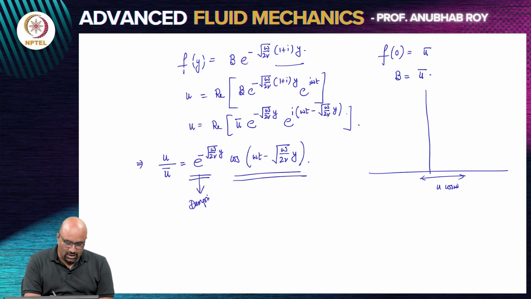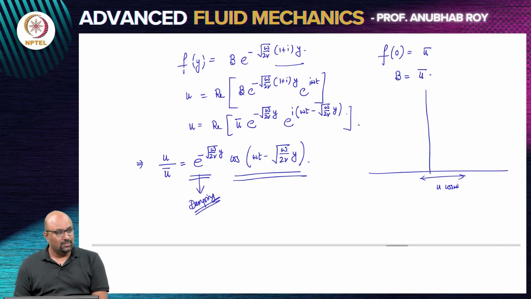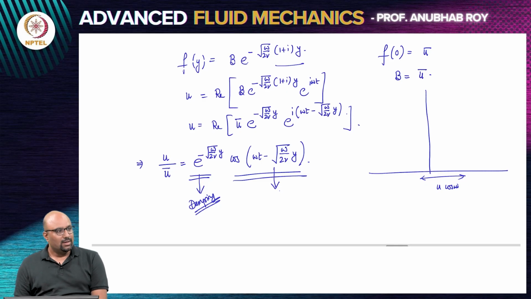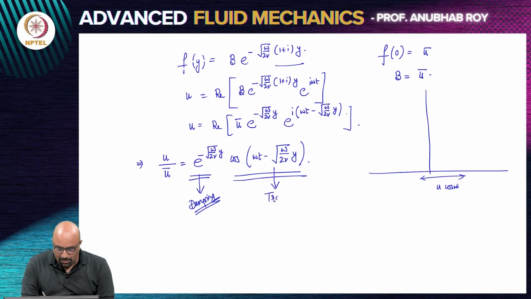So there is a spatial damping that you have in the first term, that as you move away from the plate, the amplitude of your disturbance or amplitude of your fluid velocity is decreasing. But if you look at this particular term, this is like a propagating wave. So you have a term here which is omega t minus square root of omega by 2 nu y. So that's like a transverse propagating wave.